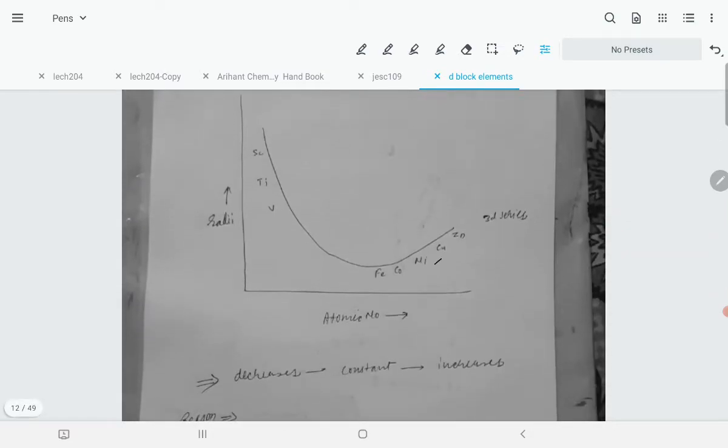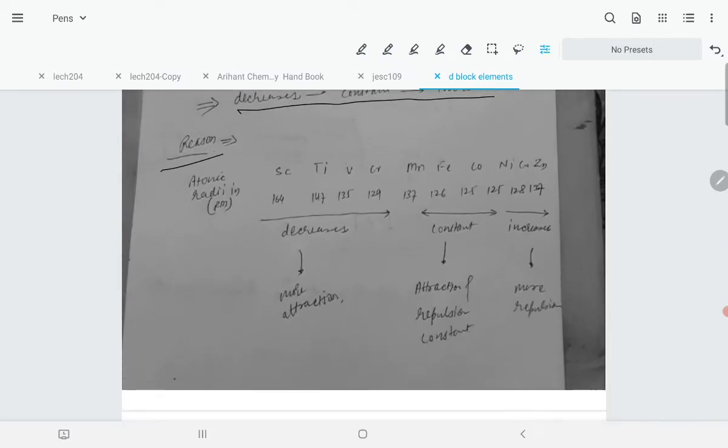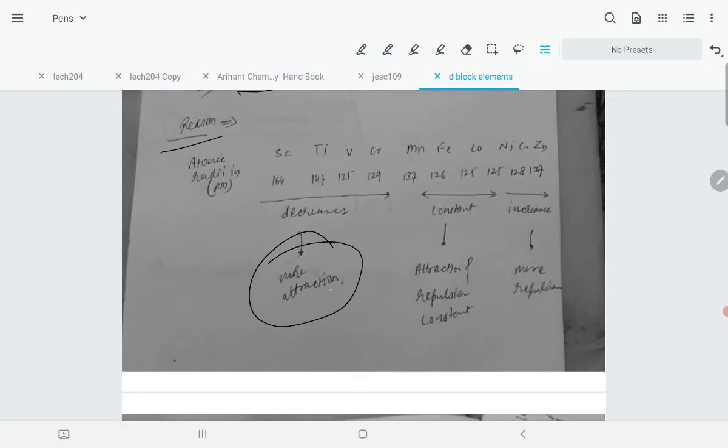Atomic radii decrease, then stay constant, then increase. It decreases due to more attraction, stays constant as attraction and repulsion balance, and increases due to more repulsion.